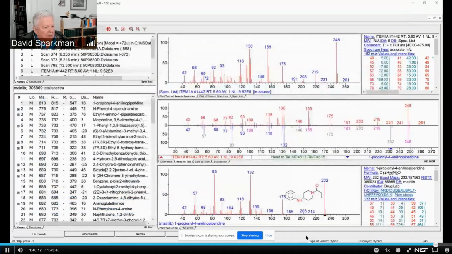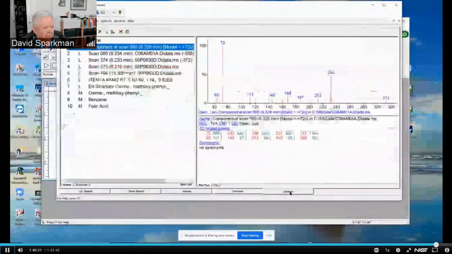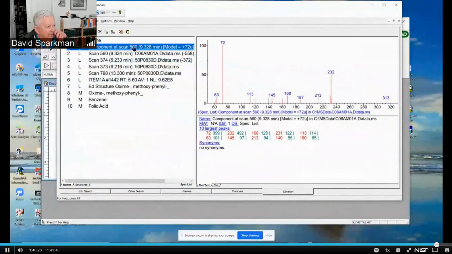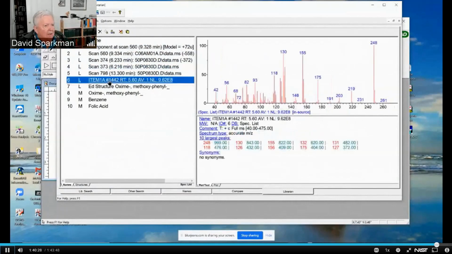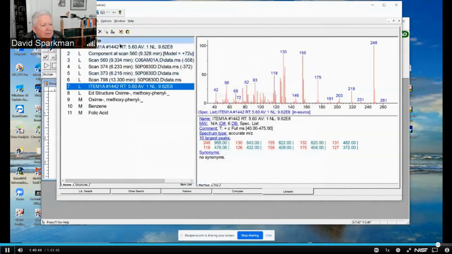go back to NIST Search, go to the librarian program, come to this, edit this, and then add the clipboard structure, and then add this to the spec list.